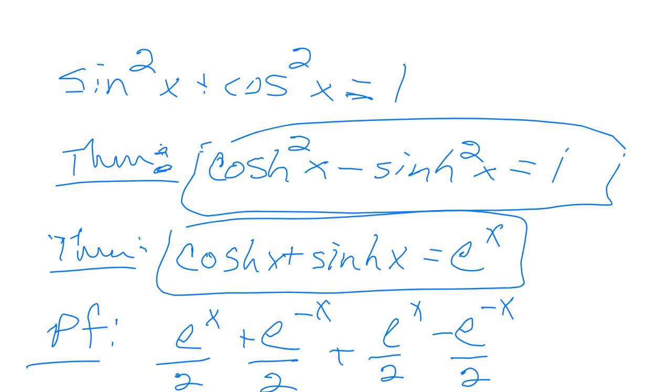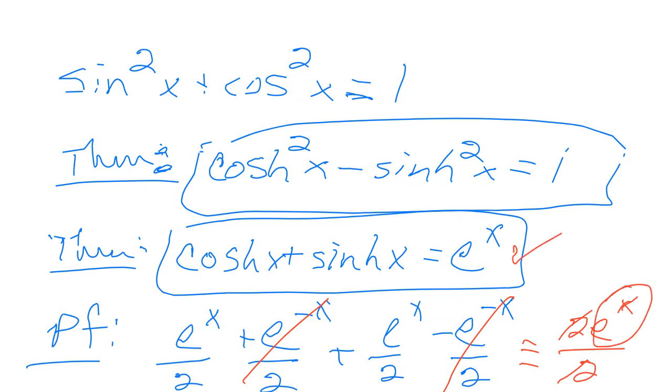And then what do we notice here? We have e to the minus x over 2 and minus e to the minus x over 2 cancel out, right? And so this is equivalent to 2e to the x over 2, which is just e to the x, right? So there we have a proof of that theorem.